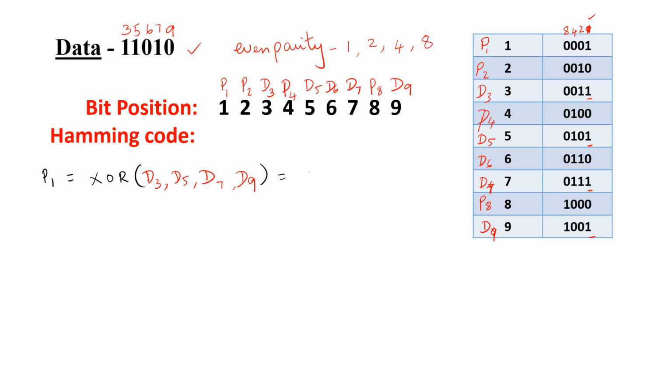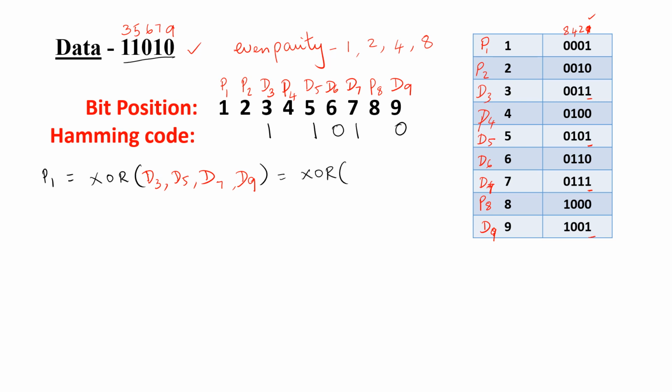So this is equal to XOR of, what is the value of D3? From this you have to find. D3 is 1, D5 is 1, D6 is 0, D7 is 1 and D9 is 0.